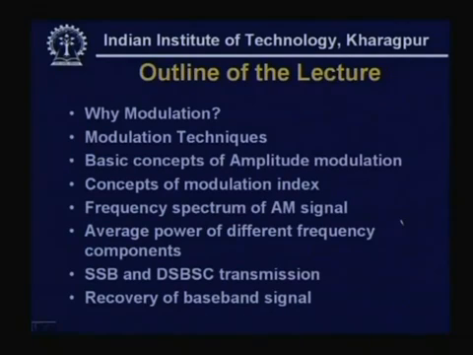Then you will see there is a concept called modulation index, which will be introduced to you. Then the frequency spectrum of AM signal we shall consider, and the average power of different frequency components. Whenever a signal is amplitude modulated, it generates different frequency components, and we shall consider the average power of these components.